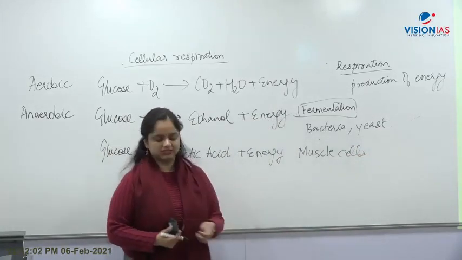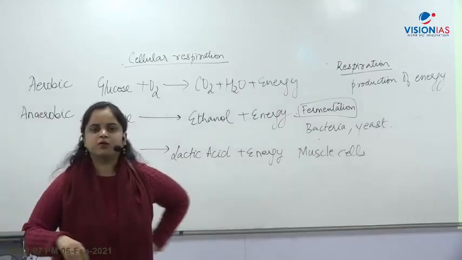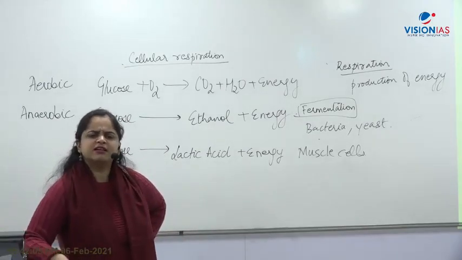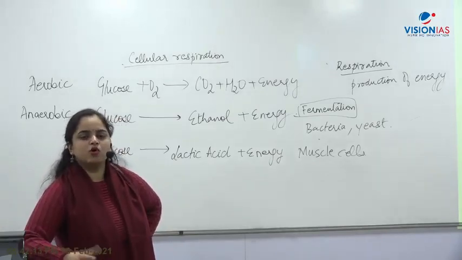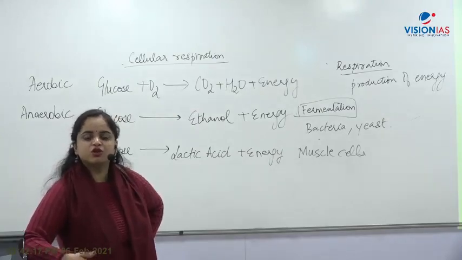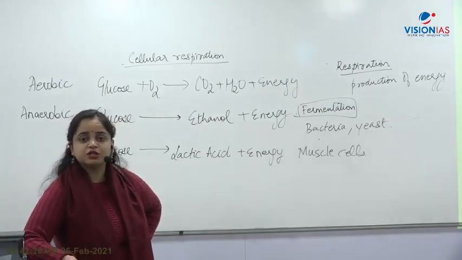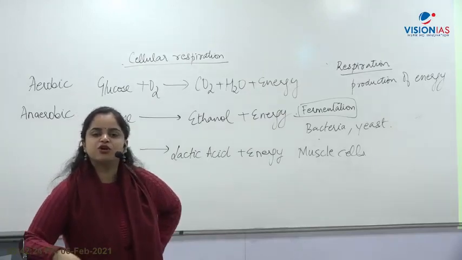Now, why do the muscle cells need to do it? Imagine a situation where you are doing some very heavy, very strenuous physical activity, and your body is trying to take oxygen while breathing, but the oxygen is not sufficient as compared to the amount of energy which your body needs.